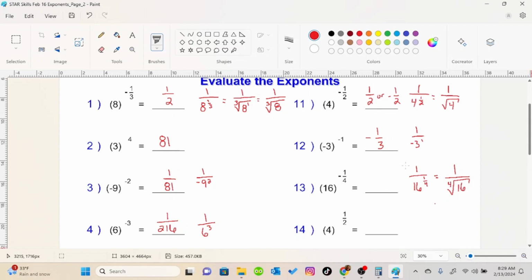We need the number that when multiplied by itself 4 times will equal 16. And that could be 2 or -2. So our answers are 1/2 or -1/2. Because 2 multiplied by itself 4 times equals 16, and -2 multiplied by itself 4 times will also equal 16.